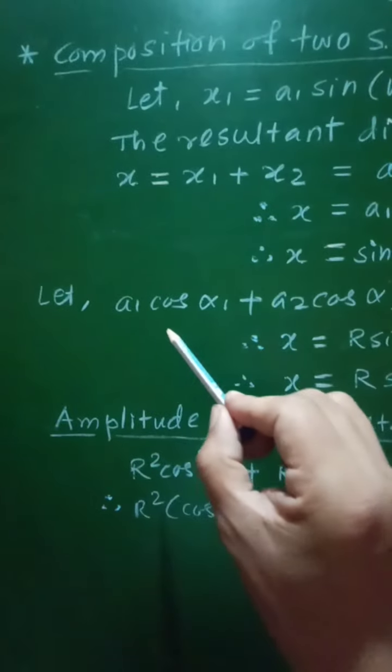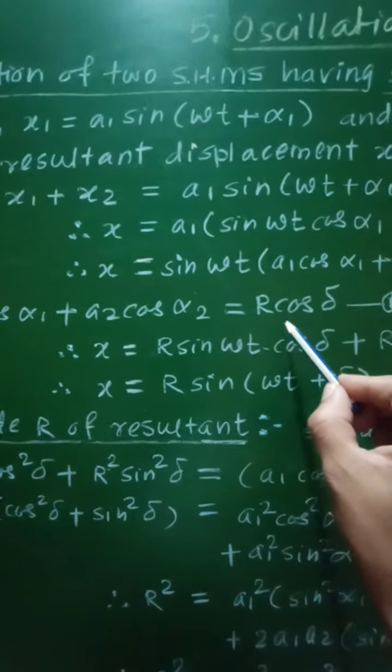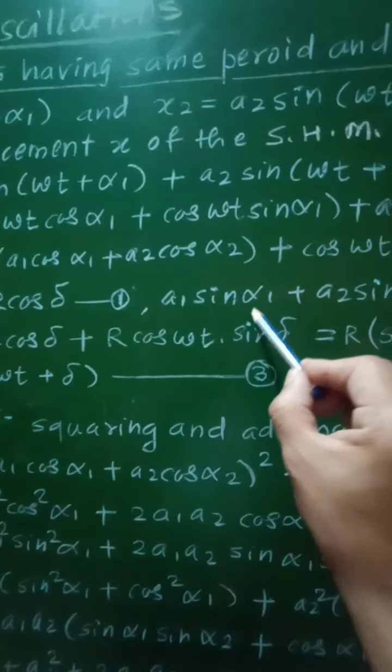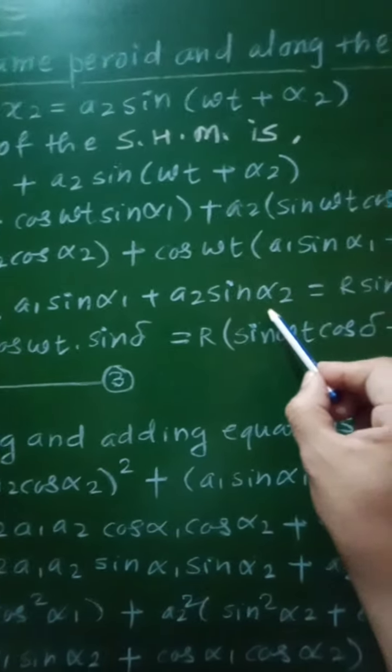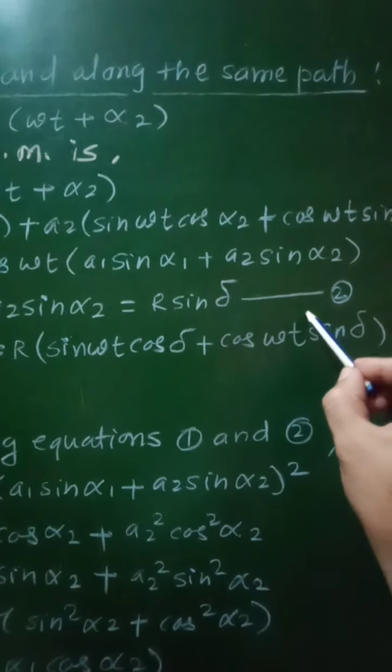Therefore let a1 cos alpha 1 plus a2 cos alpha 2 equal to r cos delta as equation 1, and a1 sin alpha 1 plus a2 sin alpha 2 equal to r sin delta as equation number 2.